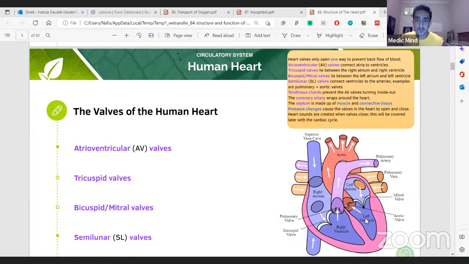And then you've got your tricuspid valve, which is between your right atrium and right ventricle. Then your semilunar valve is here between the arteries, between the right ventricle and the pulmonary artery. And then your aortic valve is between the left ventricle and the aorta.